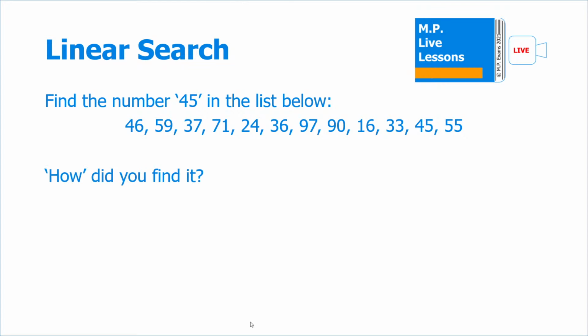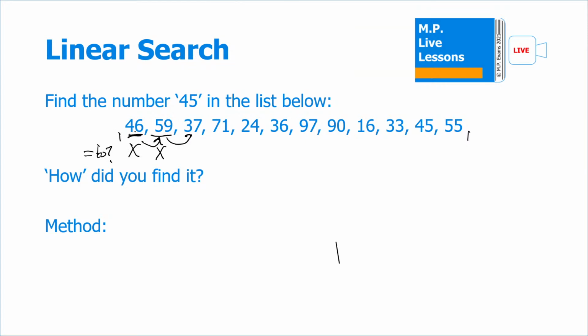The most common way could be to start from the beginning or the end of the list, but really, the method for this linear search is to start here and check: is it equal to 45? It isn't, so we move on to the next number.